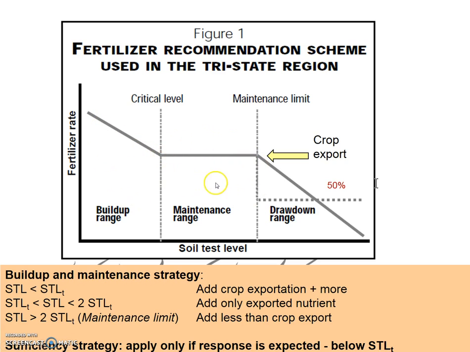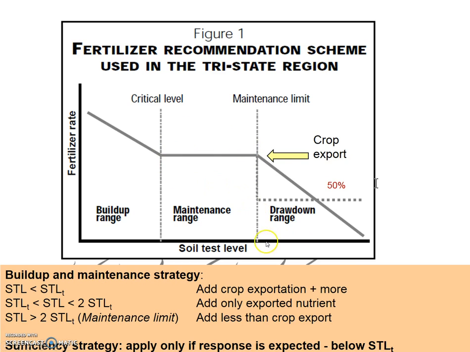If we are within the maintenance range, which means that we are between the critical level and the maintenance limit, we only apply the nutrients exported by the crop.